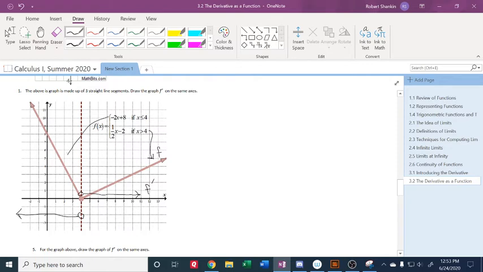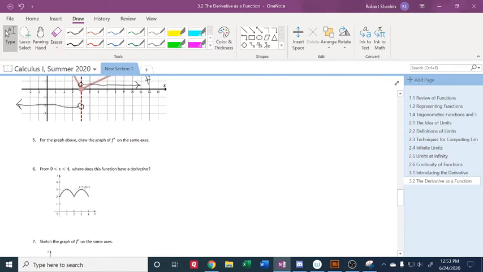This equation is this part of f. But the whole kind of 90-degree angle bend there, that whole graph is f. And there are two parts of f prime down here. Thanks for pointing that out.